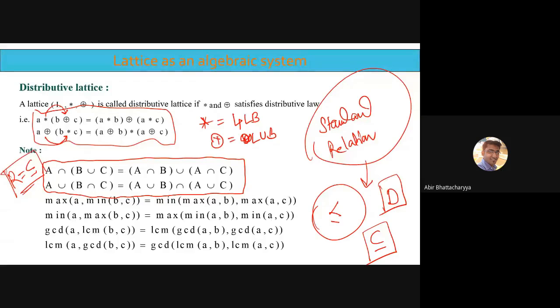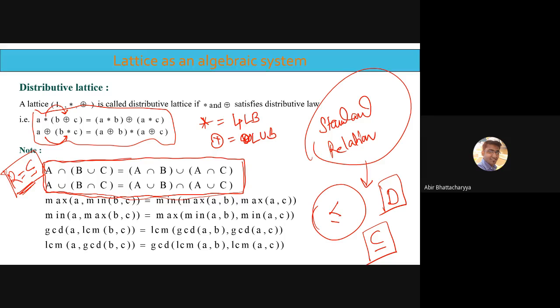Okay. Thanks. So in the first case of the distributive property, I told you the distributive property always holds true under three standard relations: the first one is less than or equal to, the second one is D, and the third one is subset. So in the first case, whenever R is a subset, your distributive property looks like this, which holds true.